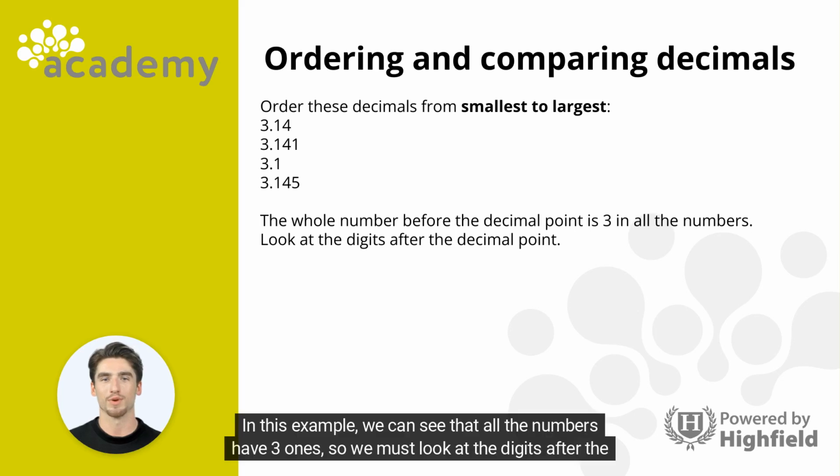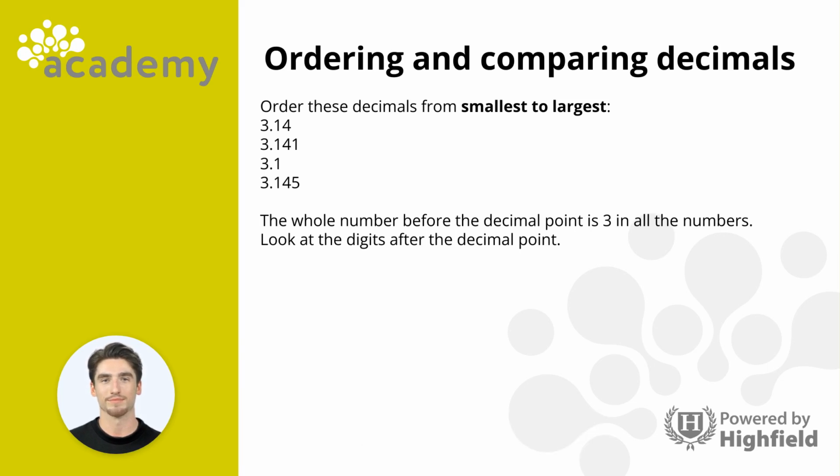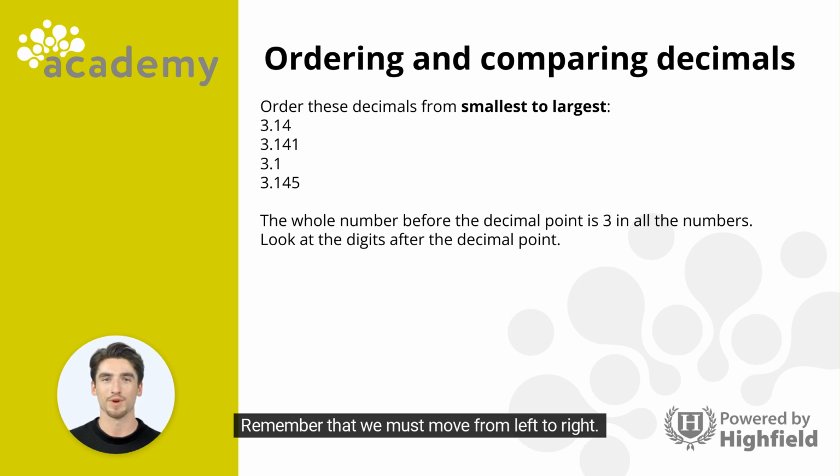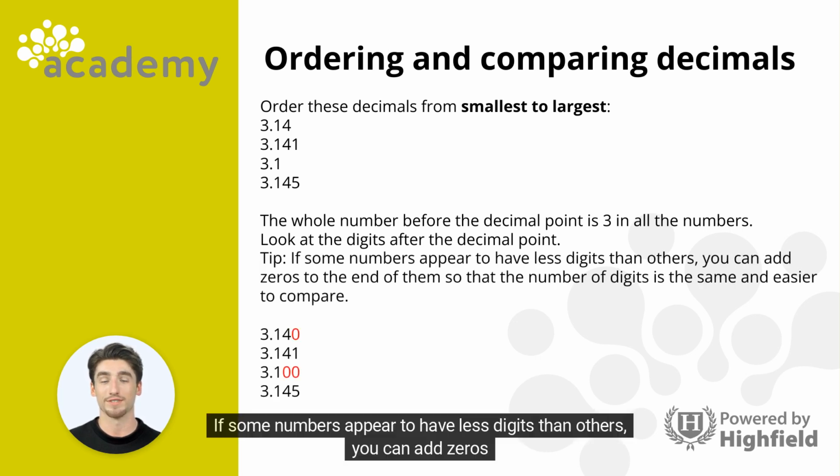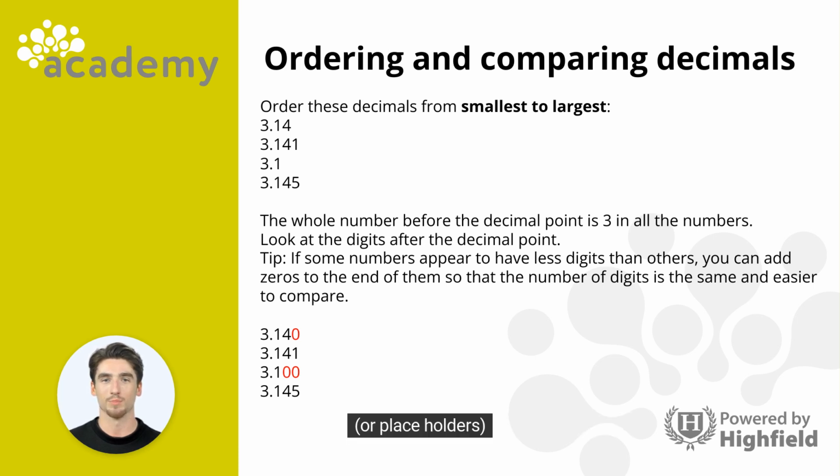In this example, we can see that all the numbers have 3 ones, so we must look at the digits after the decimal point. Remember that we must move from left to right. They all have 1/10, so we move to the right to check the hundredths column. If some numbers appear to have fewer digits than others, you can add zeros, or placeholders, to the end of them.